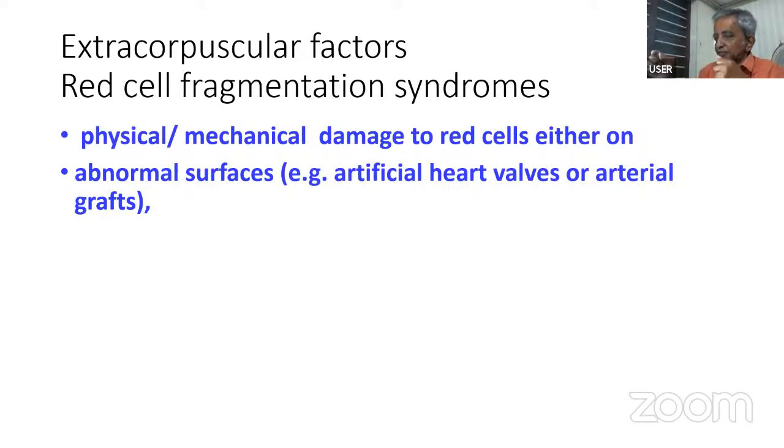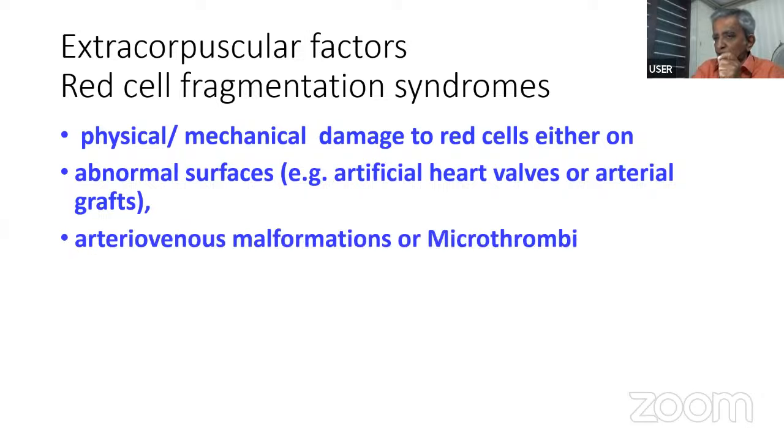Arterial graft, however smooth you make it, is artificial. Therefore, it will produce some damage. So arterial grafts, sometimes venous grafts, and artificial heart valves can all produce red cell fragmentation. Not everybody, but in some people it does. Then arteriovenous malformation. The vasculature is entirely different from normal, so it can produce abnormality.